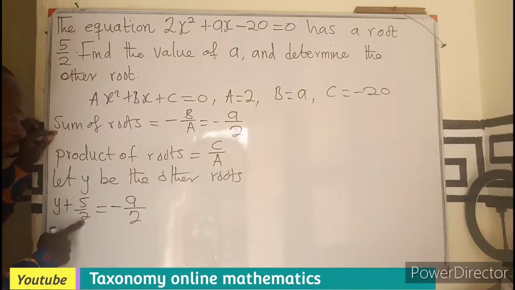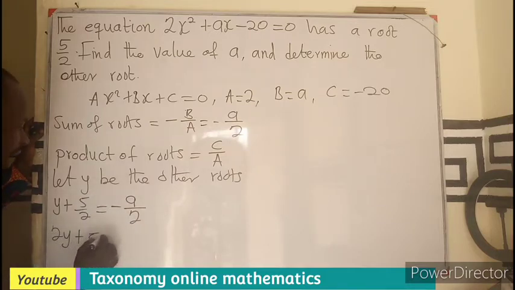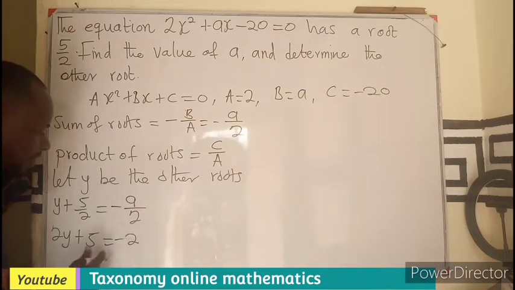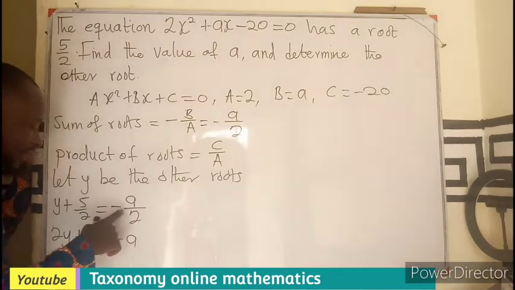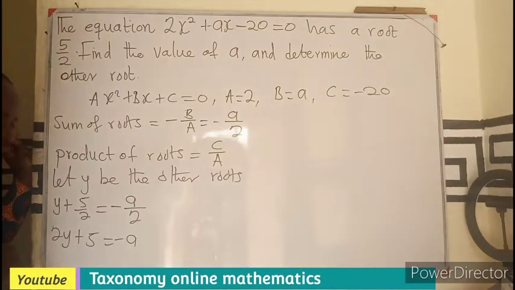We are having a fraction, so we multiply through by the LCM, which is 2. So 2 multiplying every term will become 2y plus 5 equals minus a. When 2 multiplies this, the 2 will cancel, but it will be introduced at this point. We can either make y the subject or a the subject, and a is already the subject, so we can maintain that.